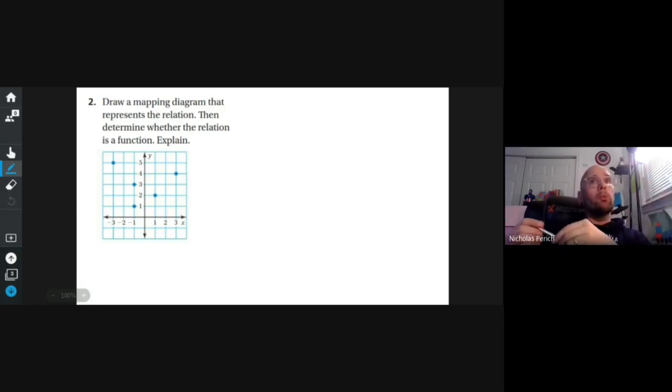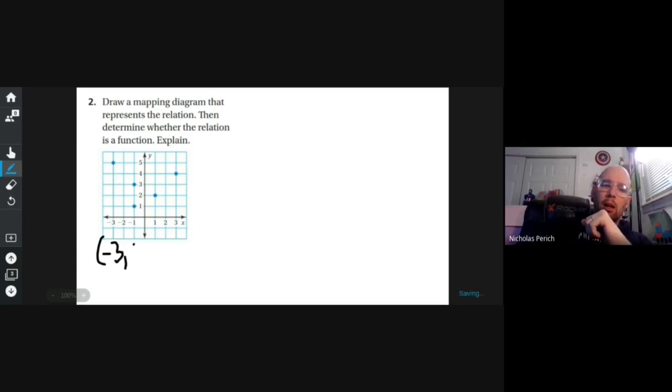Draw a mapping diagram. Ooh, a welcome change. Well, before we draw a mapping diagram, let's list out all these points, just for fun. We have time. -1, 2, 3, up 1, 2, 3, 4, 5. So that point is -3, 5. -1, 1.